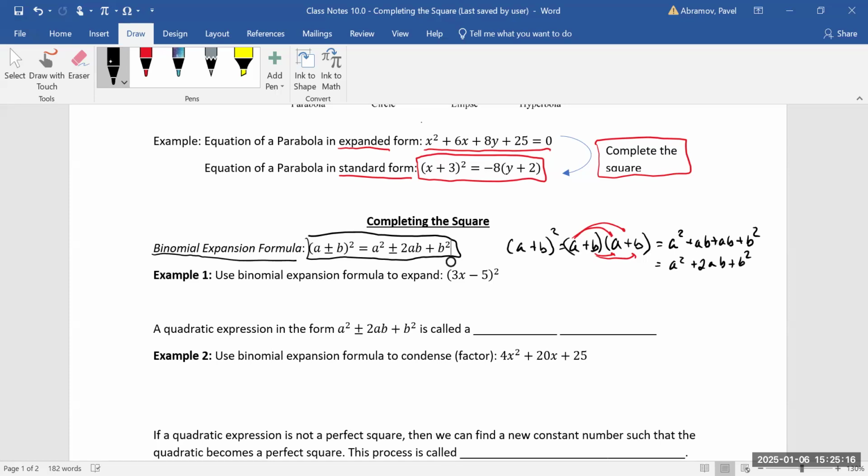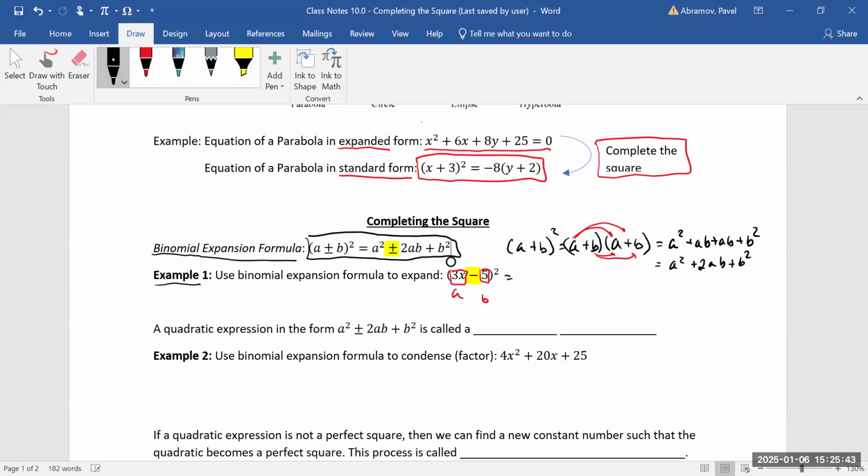So for example, example 1, if we have (3x minus 5) squared, our 3x is going to be our a term. So this is our a. 5 is our b term. And now notice we did not include the negative as part of the b term because whatever the sign is between these two terms, that's going to be the sign right here in our expression.